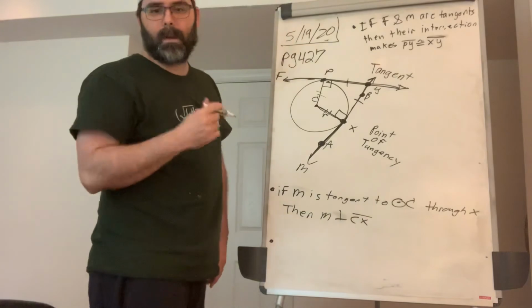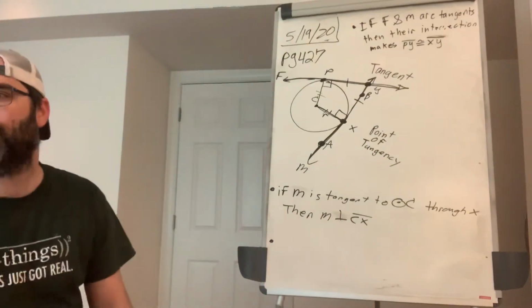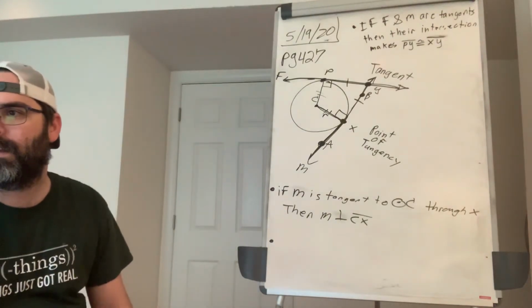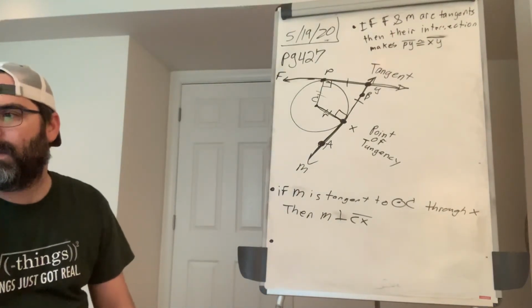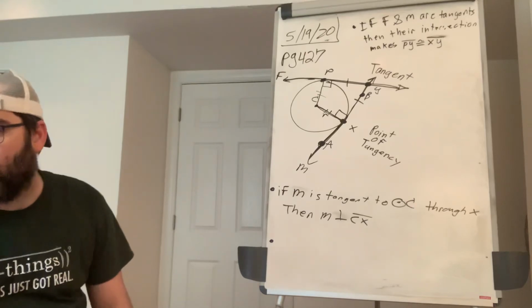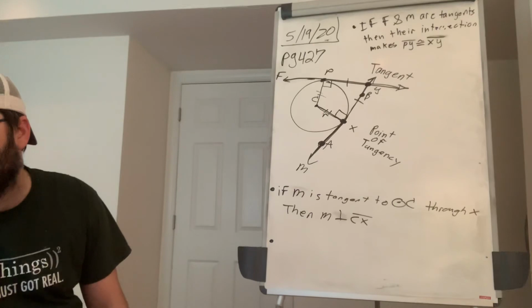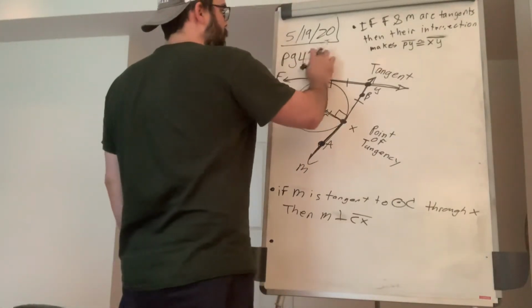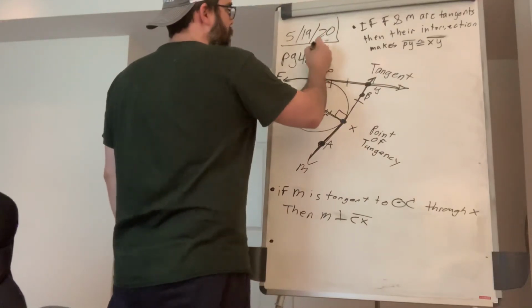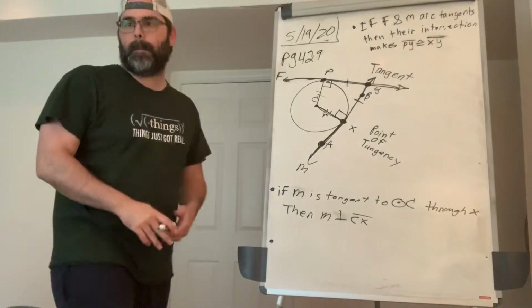And the theorem that I'm talking about right now is theorem 10-2, segment tangents to a circle theorem. It's on page 429. So the theorems we're looking at are on 427 and 429.